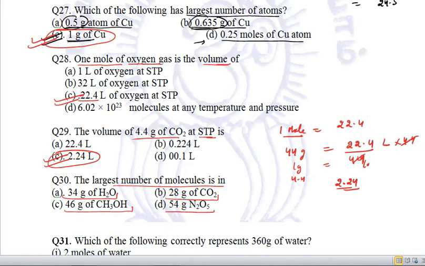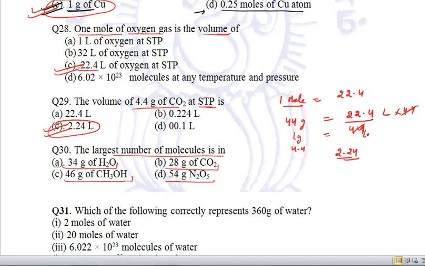Now for this we need to calculate each one of these. How? We know the formula: the number of molecules will be calculated by the mass given in the question divided by the gram molecular mass multiplied by the Avogadro number.